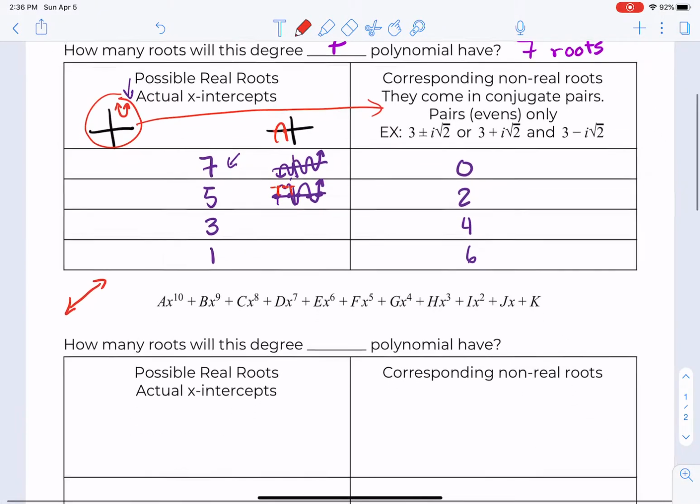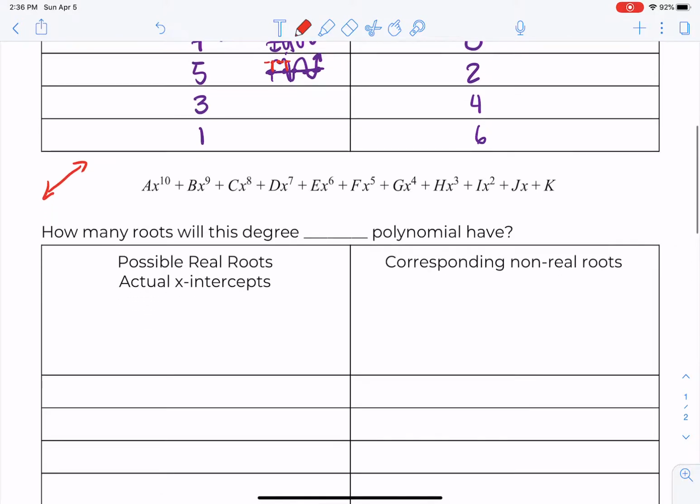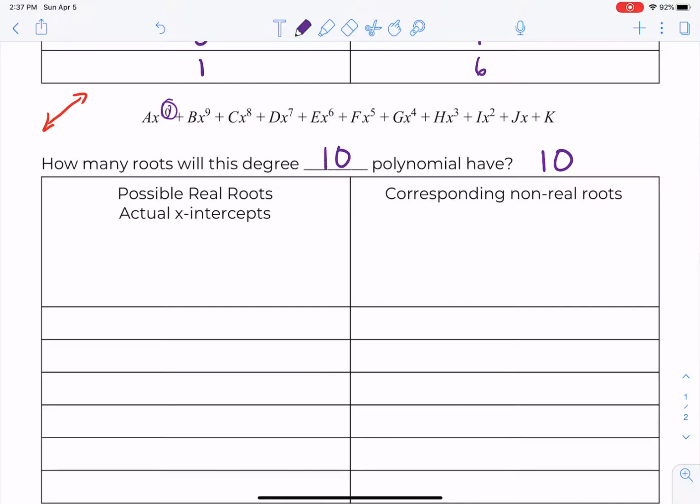But let's think about an even degree polynomial. So our next example, we have a degree 10 polynomial. Degree 10 will have 10 roots. It could have as many as 10 real roots or some combination going down. So again, if you think about possible x-intercepts, you could have up to 10.